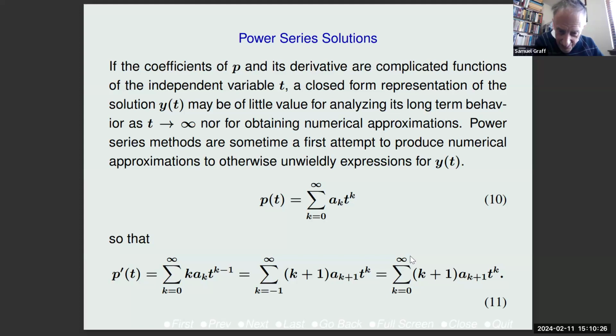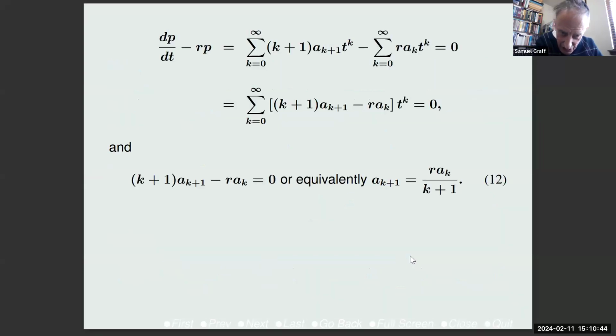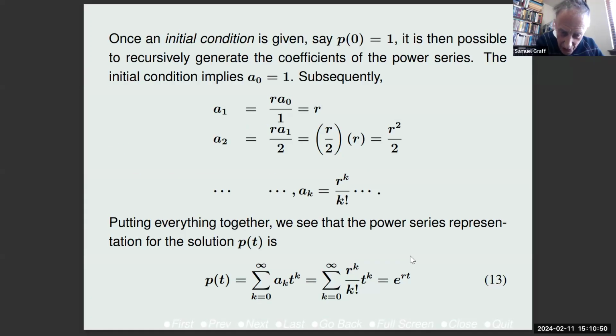You can let the population be equal to a simple expansion in terms of time about the origin, and you can compute the derivative, you change the index so that all the powers of t have the same exponent, and you substitute, you get a recursion relation, and lo and behold, when you calculate the coefficients and put together the power series for the solution, most students will look at it and say, oh my God, that's the power series for the exponential e to the rt.